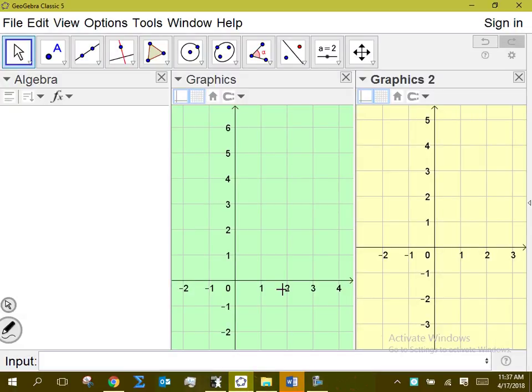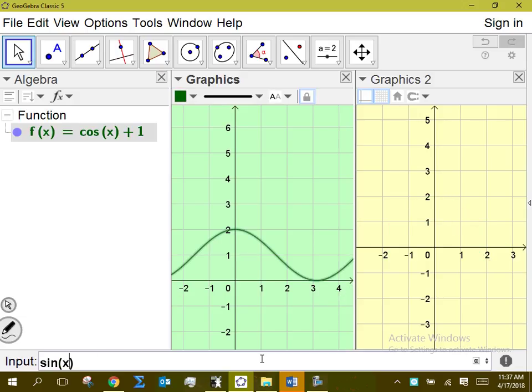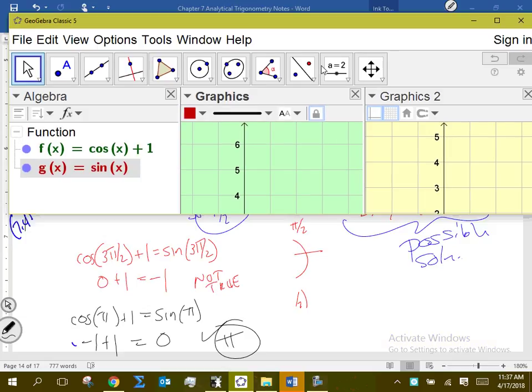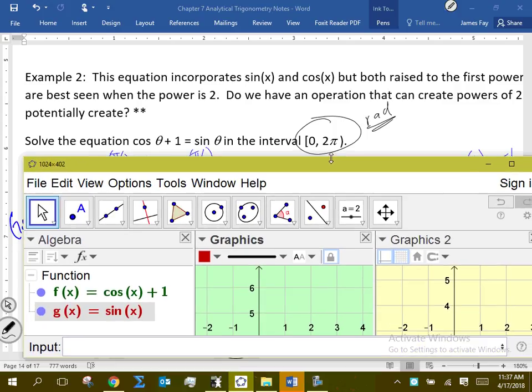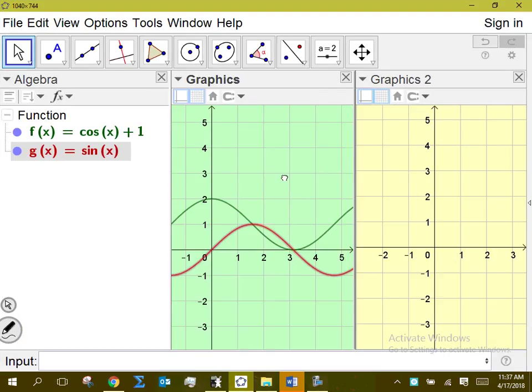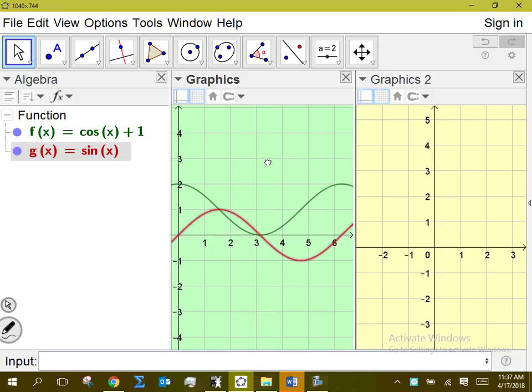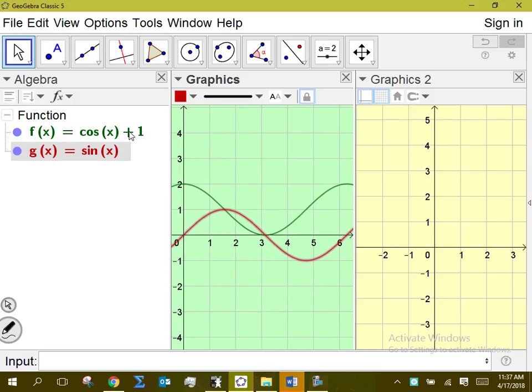Looking at that graphically then, it should make sense. Look at this one here. I think we had cosine of x plus 1 and sine of x. Just double check. Yeah, cosine x plus 1, sine x. So we're looking in the interval from 0 to 2 pi.